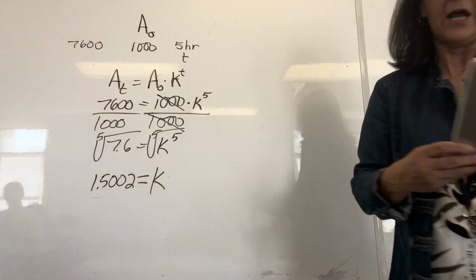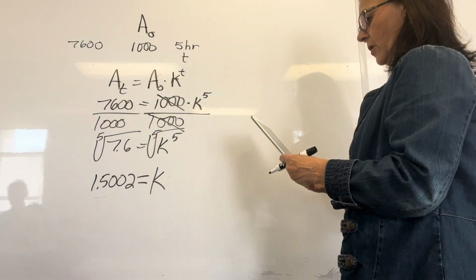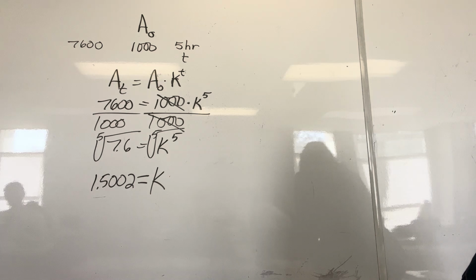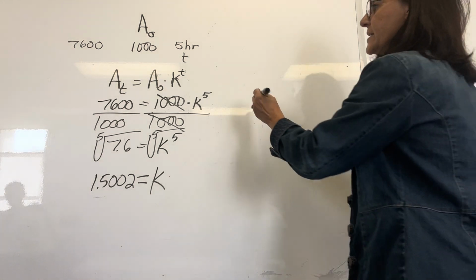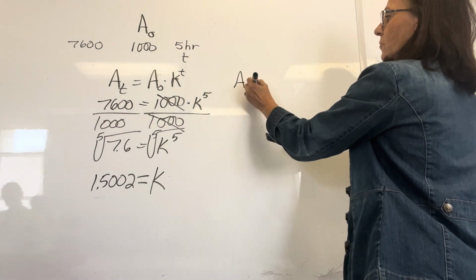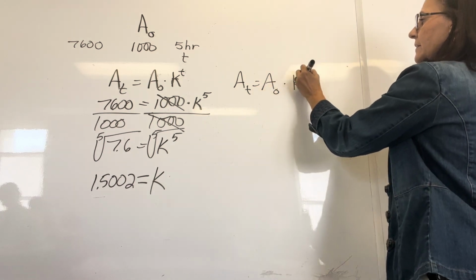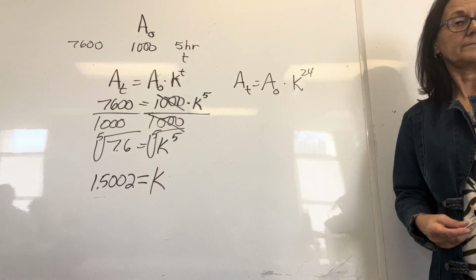Now it wants to know, we still have the 1,000 originally. How much bacteria do we have after 24 hours? So this is what it's going to look like, times K to the 24 hours.